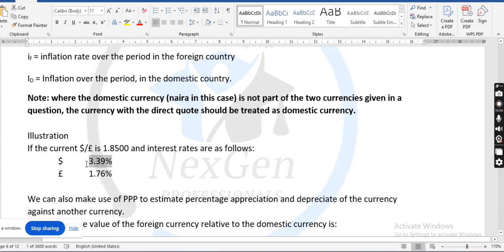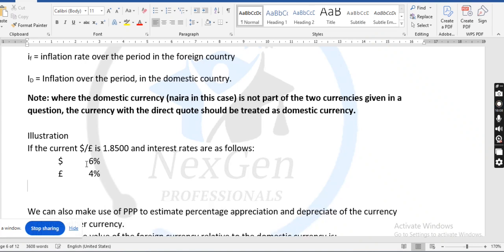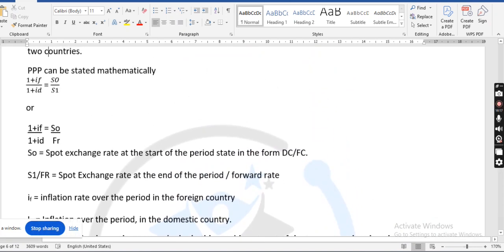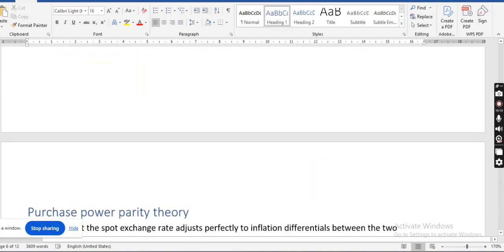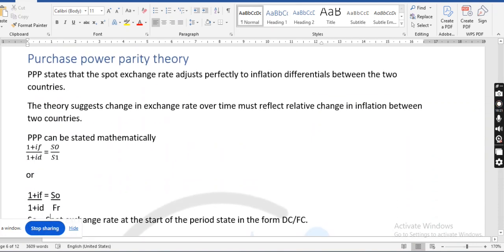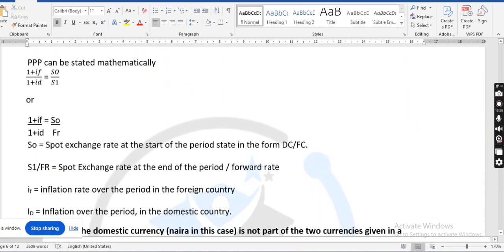How many percent? Let's say 6%. This part, let's say this is 4%. Then using, which one are we even solving? Is it inflation? Purchase power parity, right? Which is inflation.